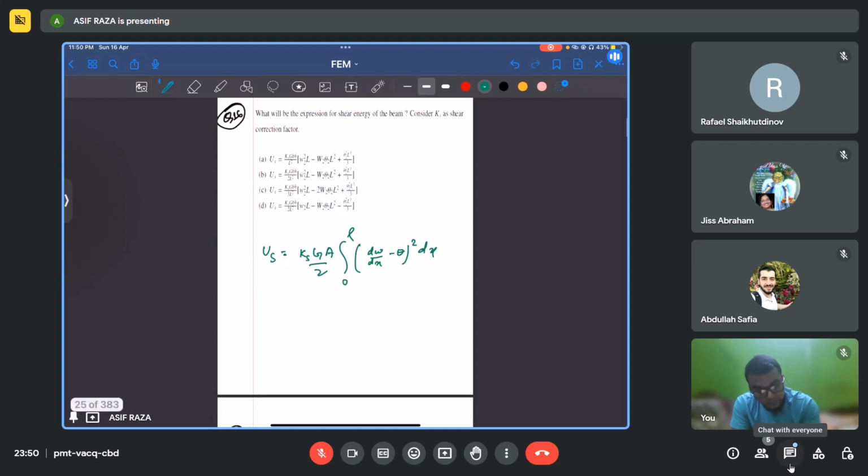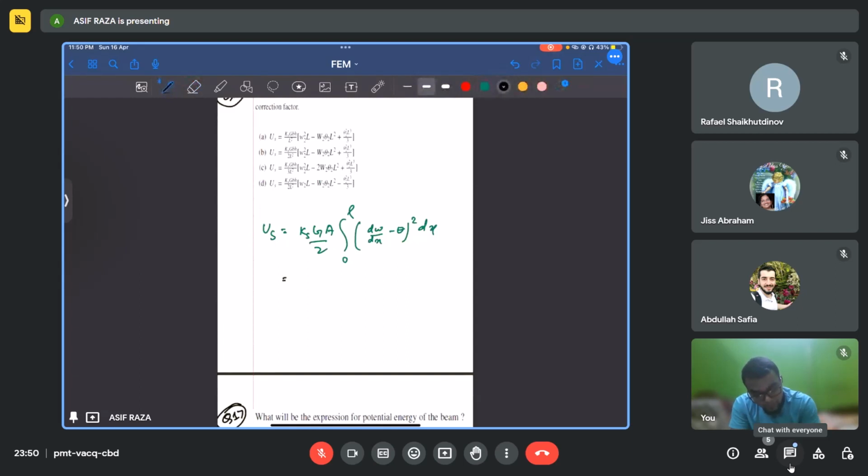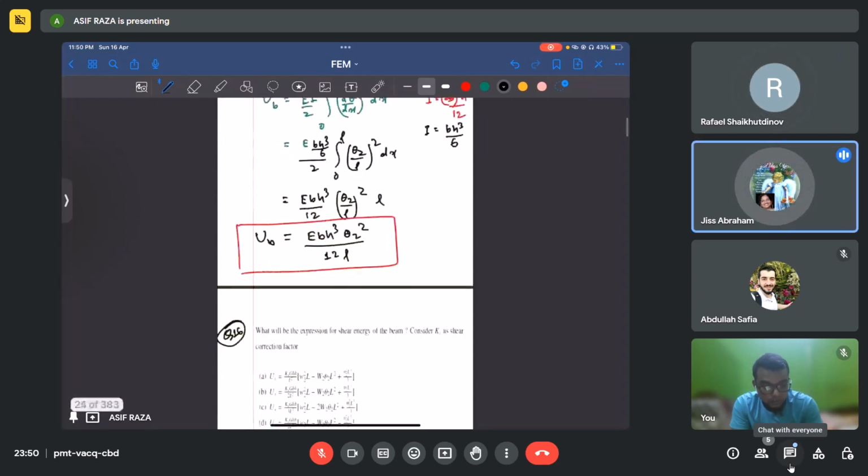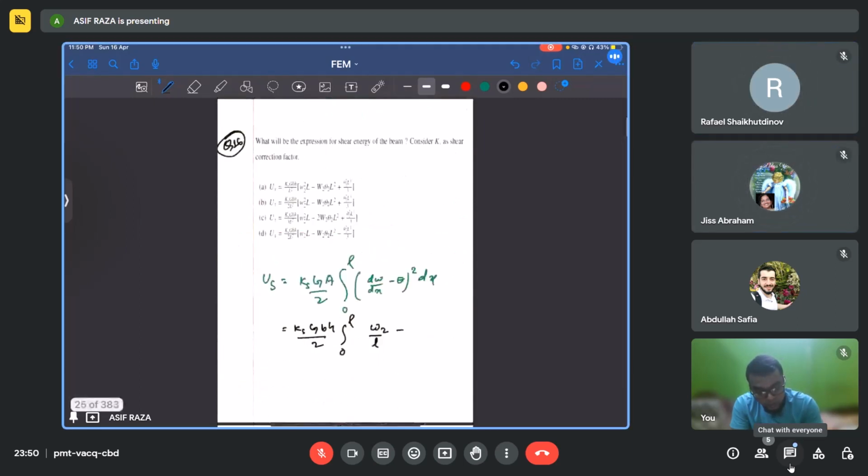This is Ks G A, where A is 2BH, so it is Ks G B H, integral 0 to L of (dw by dx, which is W2 by L, minus theta, which is x by L times theta2) whole square.